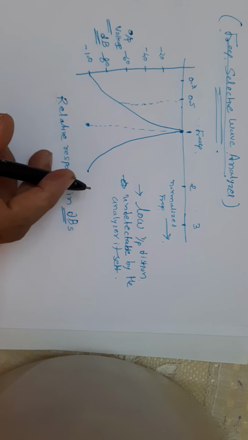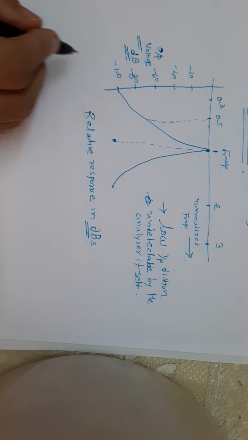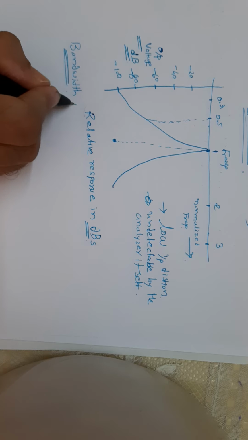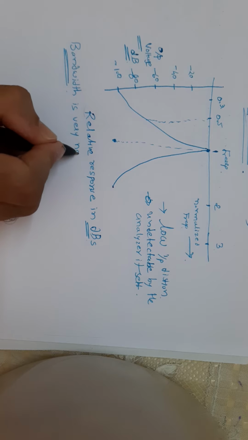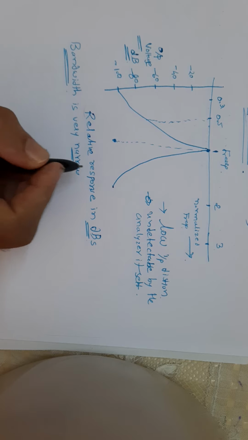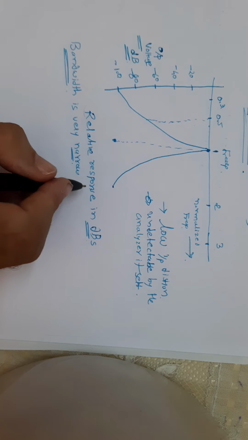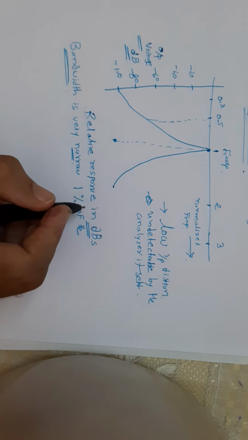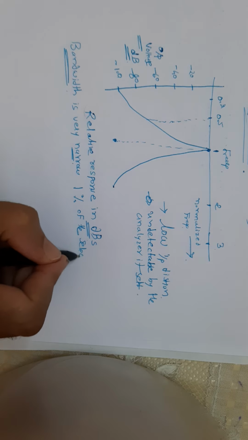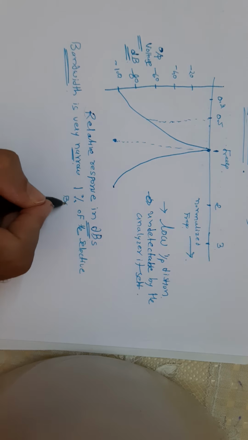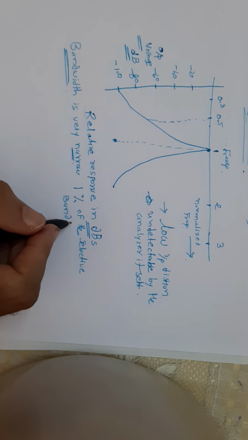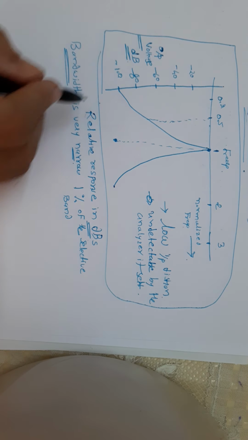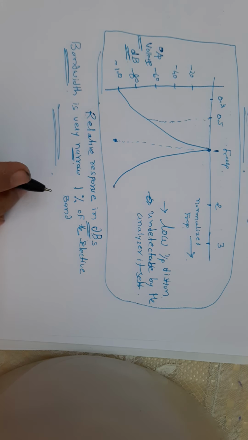The bandwidth of the instrument is very narrow, typically about 1% of the selective band given by the following response characteristics. This is your response characteristics. That's all. Thank you.